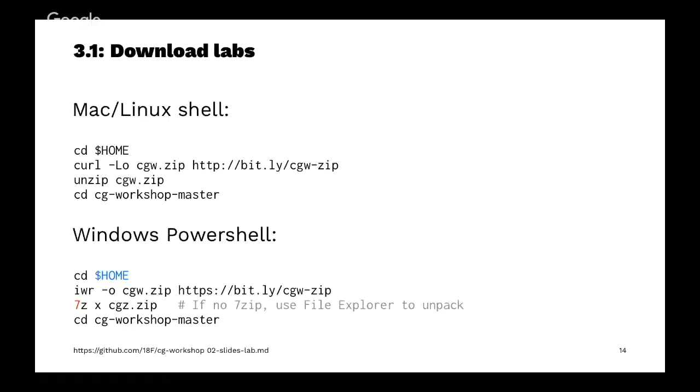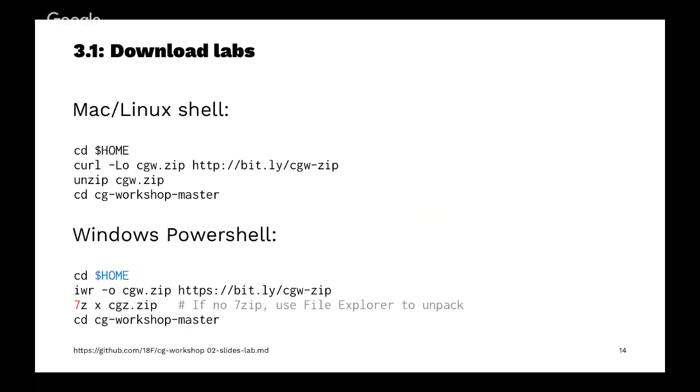But cd to your home directory. For Mac Linux shell, you'll type this curl command to download and save the file cgw.zip. Then you can unzip it and change directory to that unzipped directory.